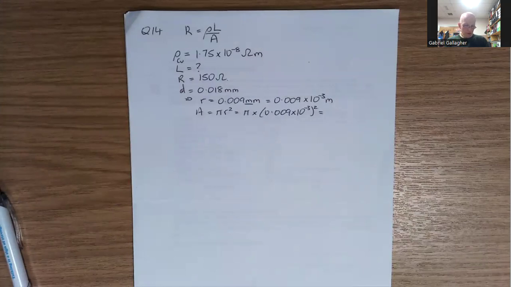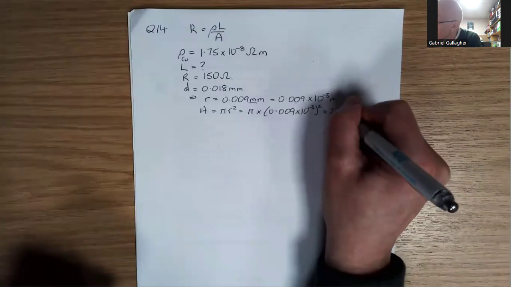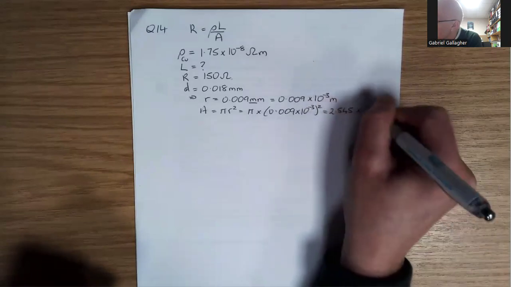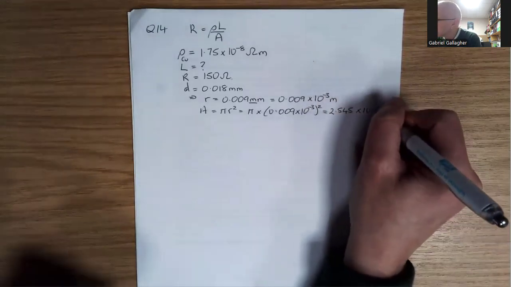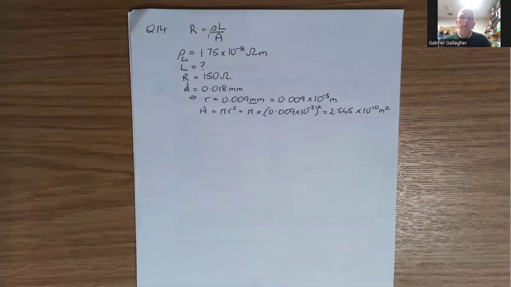So I'll take 0.009 exponent minus 3, square that, and then multiply by pi. And I get 2.545 by 10 to the minus 10 square meters. So that's our area.